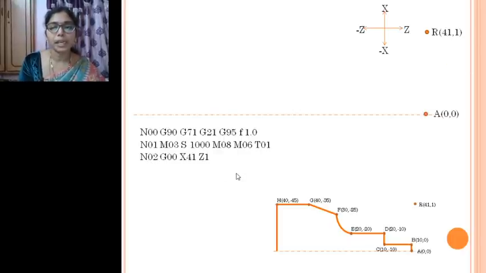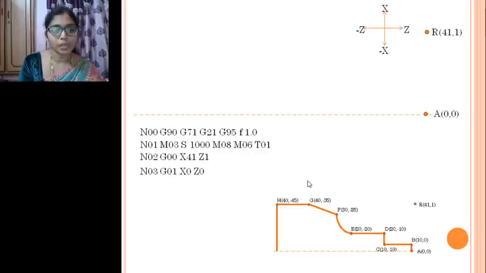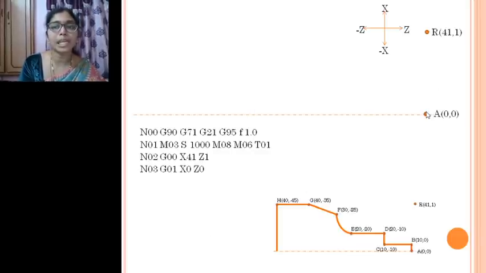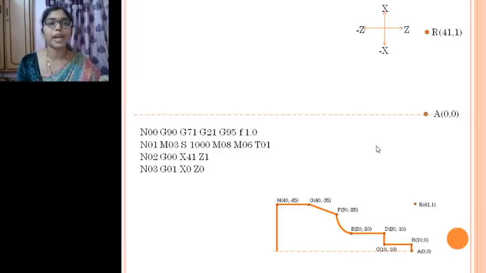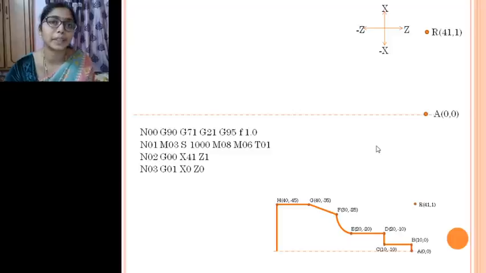And then from this point, it has to move to the reference point or the starting point of the machining, which is called 0, 0. So from here it moves in a linear interpolation. Now you can see linear interpolation where the tool moves linearly, right?